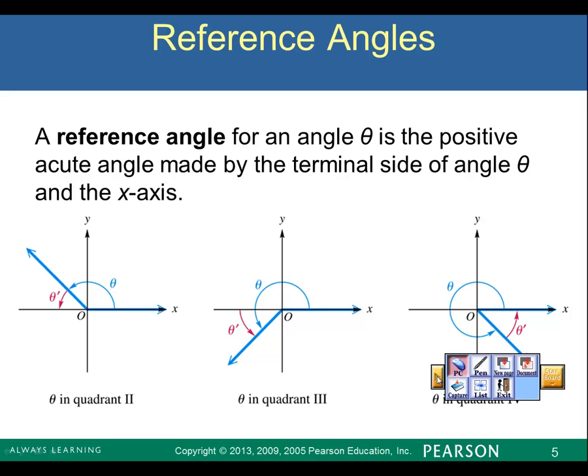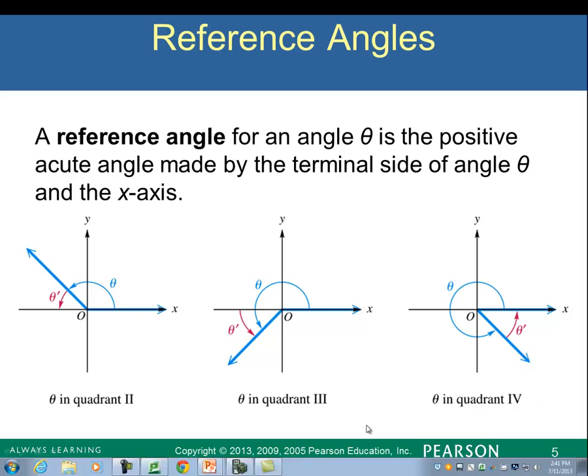Well, why do we do that? Well, if you can get a special angle from that, then you can find more exact values within your special triangles that you can use. So that can be useful for us.